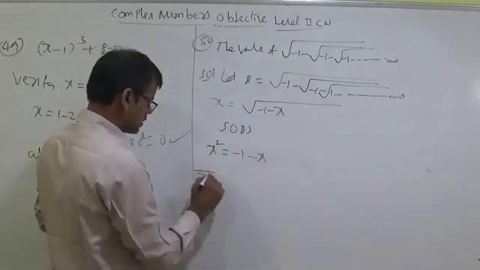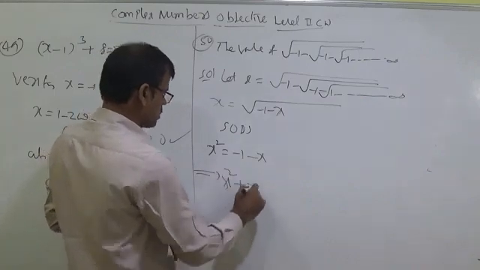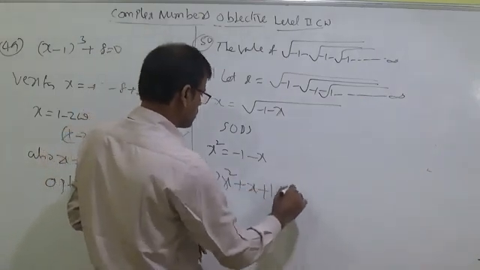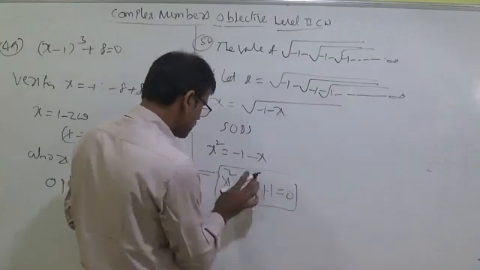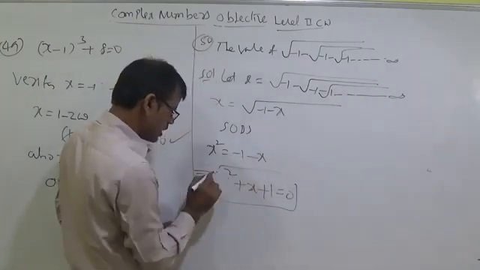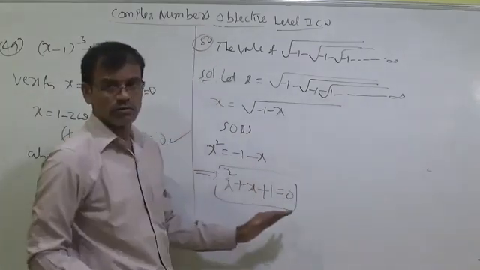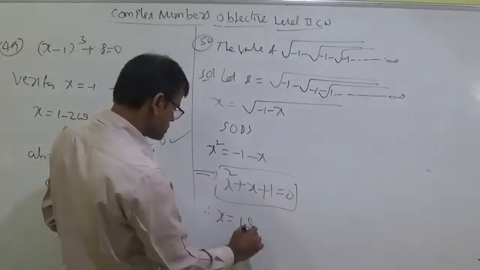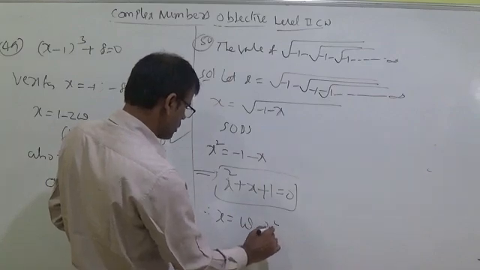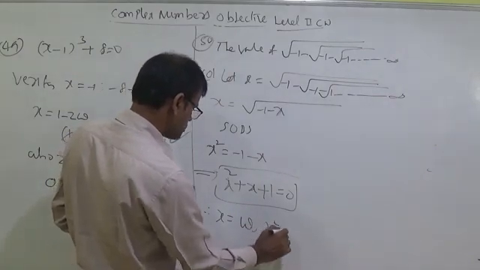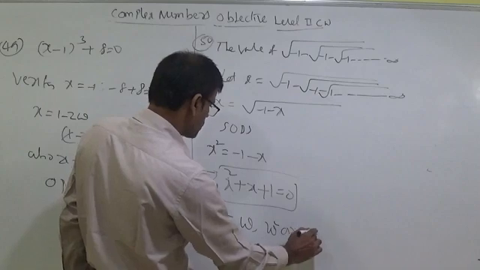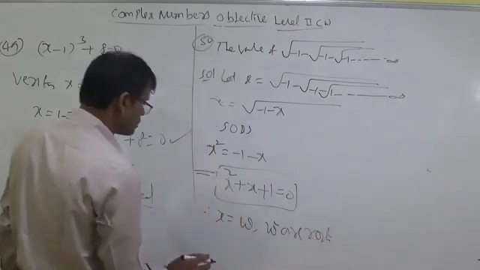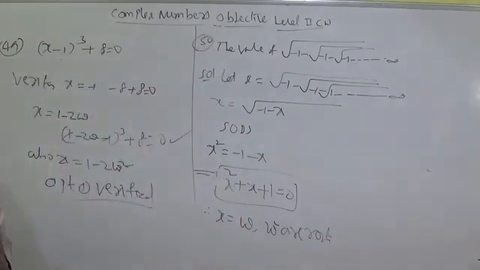Taking it to this side, x square plus x plus 1 equal to 0. Plenty of times we have discussed that whenever x square plus x plus 1 equal to 0, then x is equal to omega, omega square. So x is equal to omega and omega square, that's all.